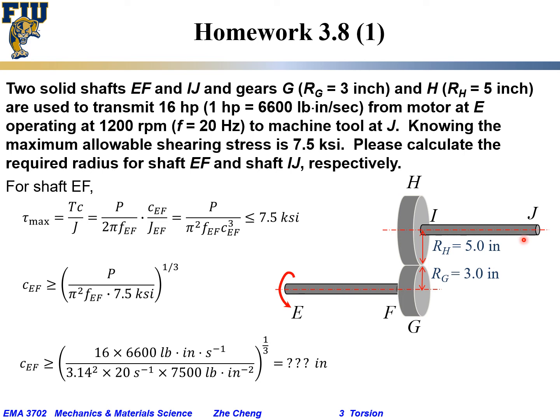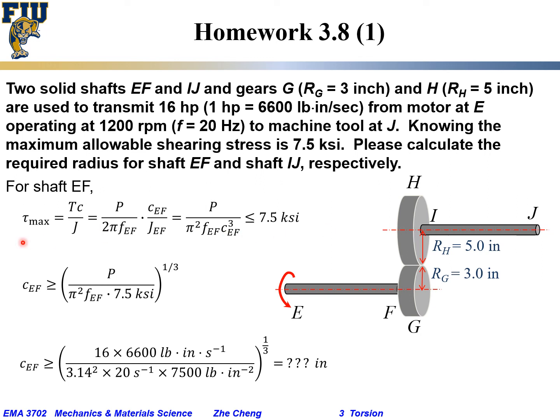If the two are the same, we want to calculate the required radius for shaft EF and for shaft IJ respectively.